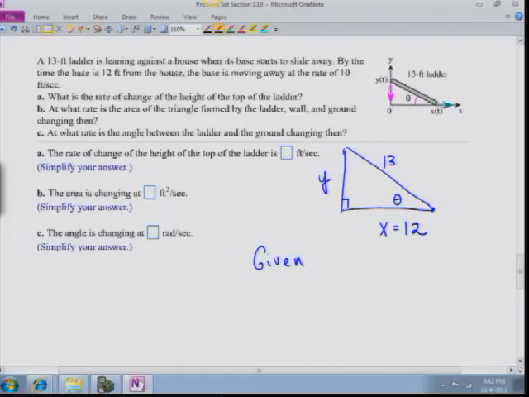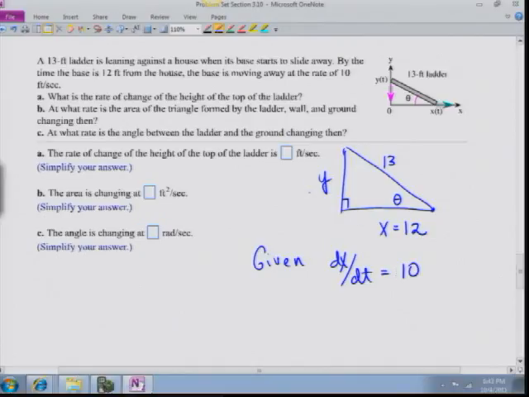And this is the thing. When the base of the ladder is changing, they gave us a rate. The base is moving away at a rate of 10. So could we say that dx/dt is 10? And it's moving that way positively, so we're going to leave it positive. All right.